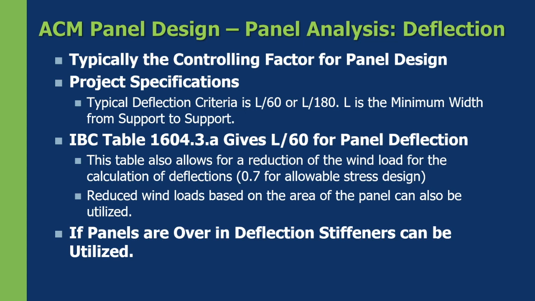As engineers, we can take another reduction based on the area of the panel. The larger the panel, the smaller the wind pressure will be on that panel. We can combine both of those to calculate a reduced deflection. Sometimes that works and we get under the design deflection, but not always, and stiffeners will have to be utilized.